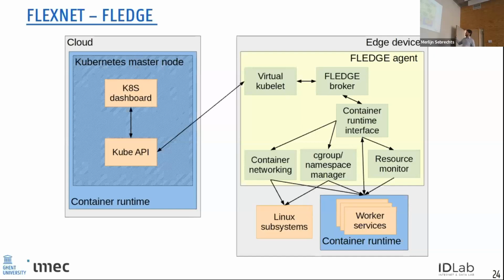And what we use as a container runtime is basically just Containerd. In order to load and start a container, image management is done by Fledge itself. And once the container is up and running, Fledge takes care of basically every aspect of container management and container running.